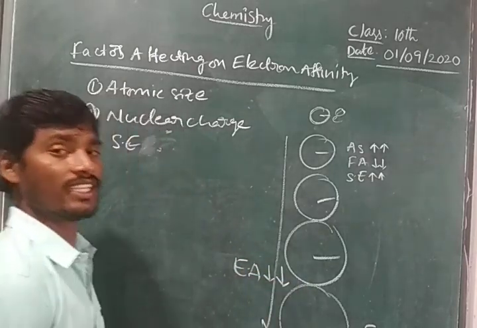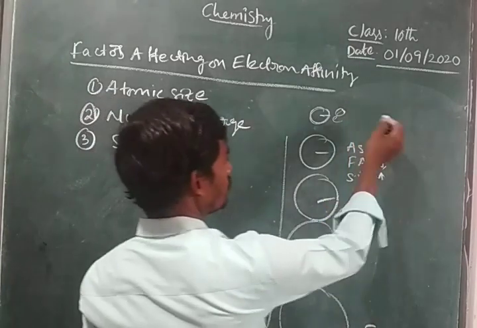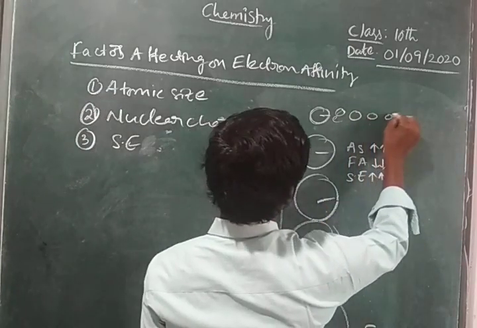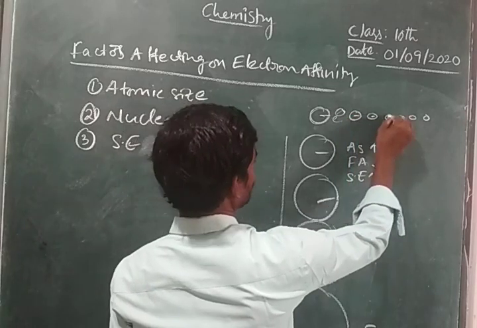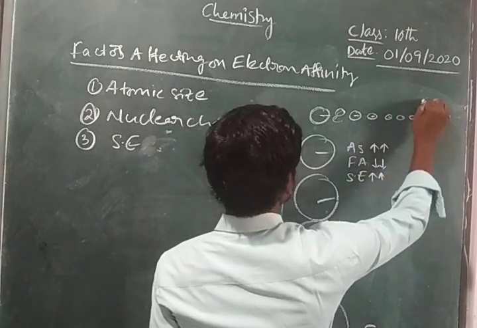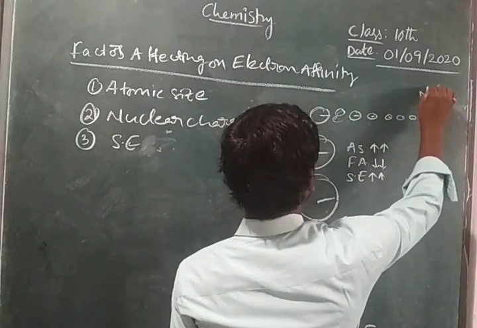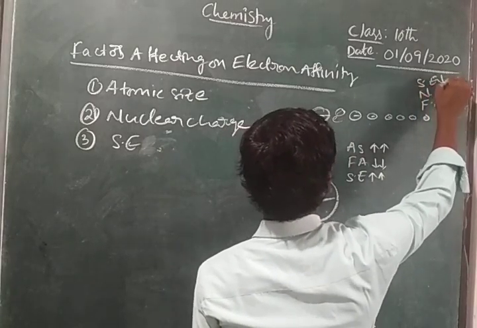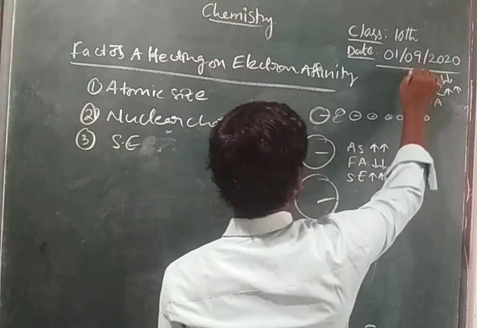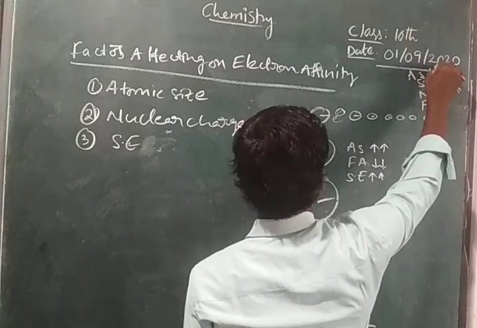From left to right in periods, the atomic size decreases. There is more force of attraction, the nuclear charge is very high, and the screening effect decreases.